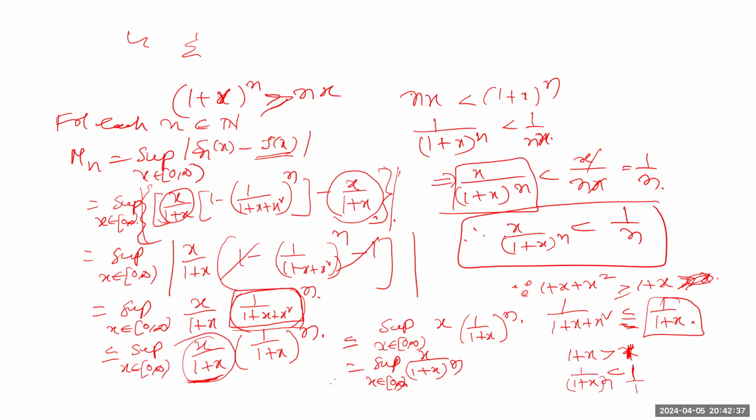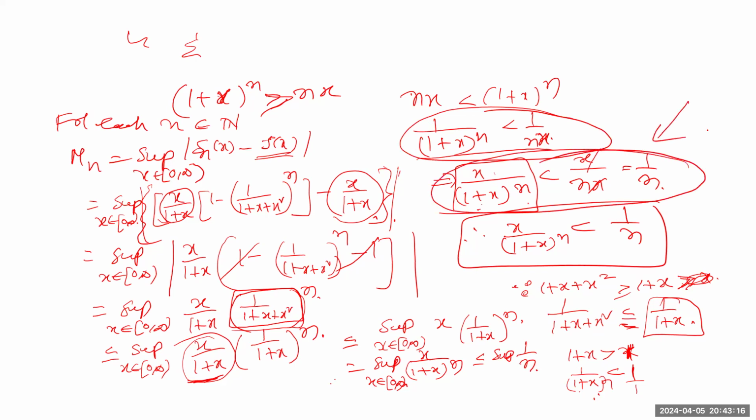Whatever the value we already verified, x over 1 plus x to the power of n is less than 1 over n, by using the binomial expansion.